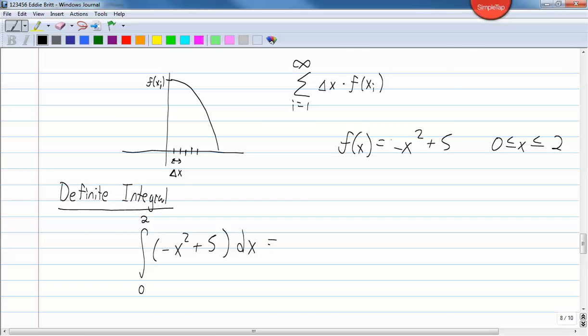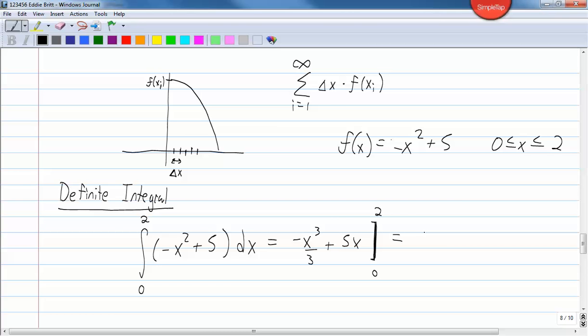So the way that we work this out, we first integrate. So that's going to be negative x cubed over 3 plus 5x. And then the notation that's used, usually you'll see either a line here or a bracket. I usually draw the end bracket, and I put my boundaries, my lower boundary 0, my upper boundary 2.